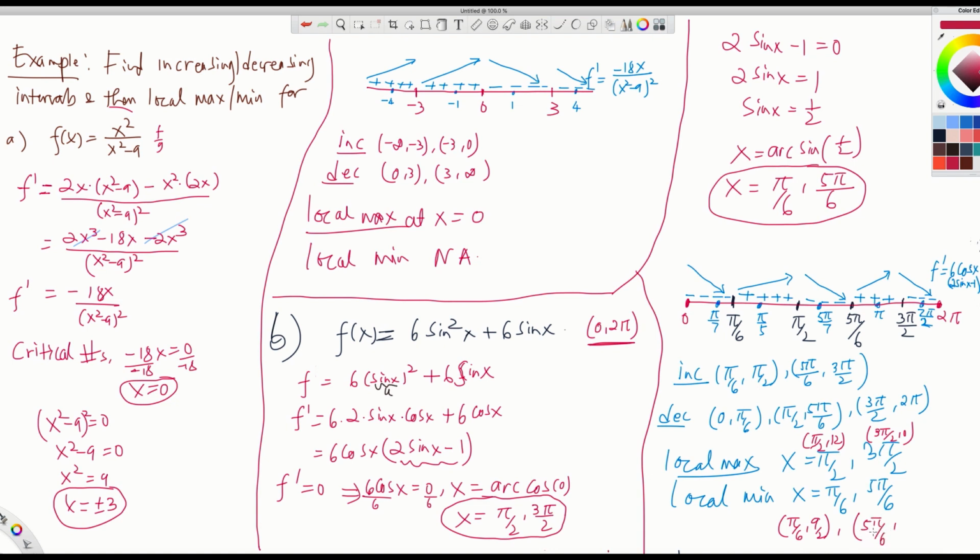What is sine 5 pi over 6? It is also positive 1 over 2, right? So this is also 9 over 2. That's what you get. Okay, so if it is asked in the point form, xy form, you just plug that into the original given function. Okay guys, thank you.